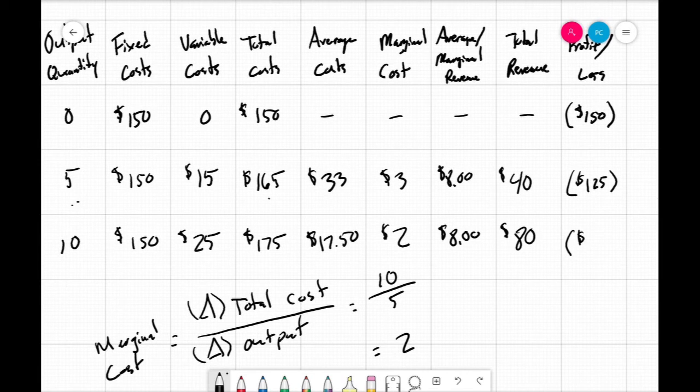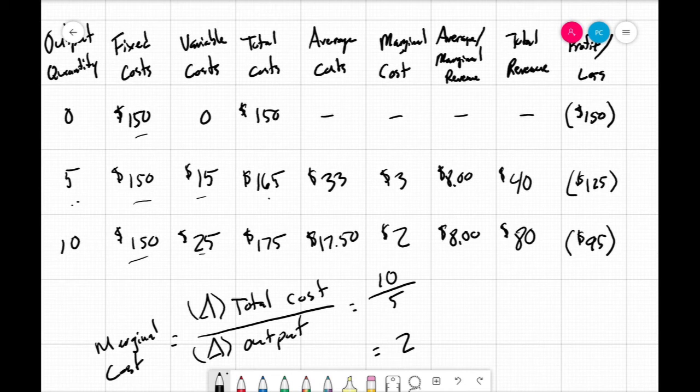You'll see that in accounting and everything. And here we have 75. So 175, minus off the revenue we made, and we're still down $95. So we haven't hit the profit part yet. These are losses each time because we're not producing enough to make up for this high cost.